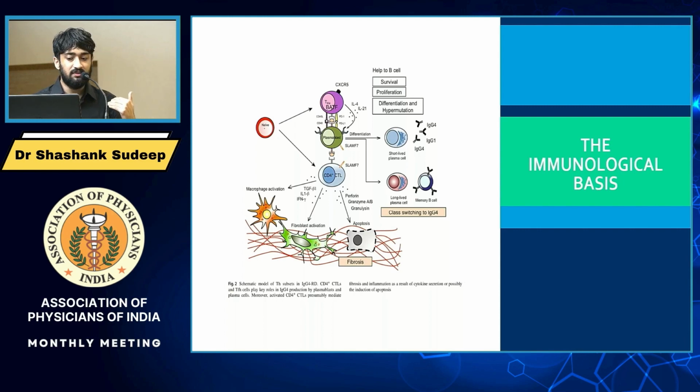Here you have what is called class switching between IgG1 and IgG4. Actually, IgG1, IgG2, and IgG3 values may also be elevated in certain phenotypes of IgG4 related disease. So our mode of management would also involve modulating these different cytokines.